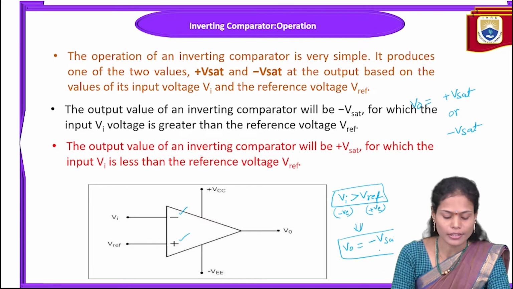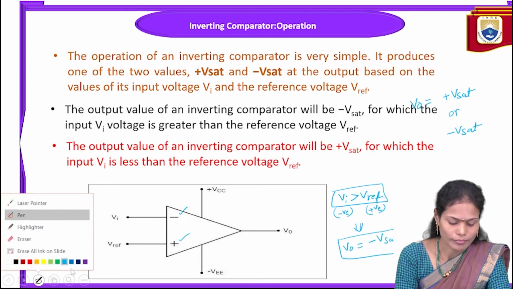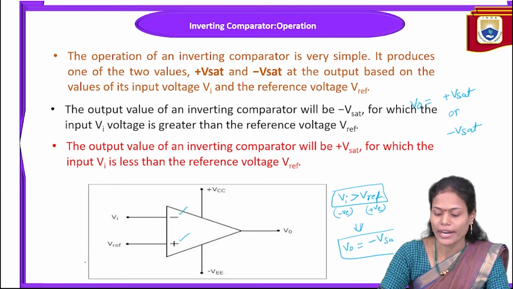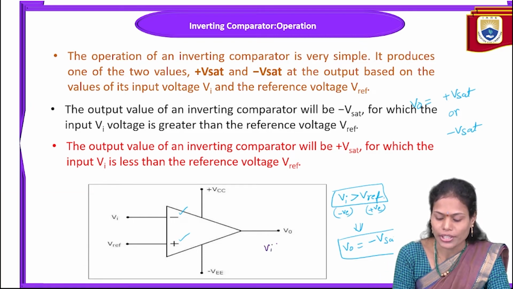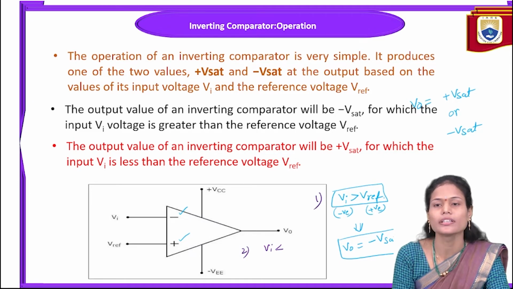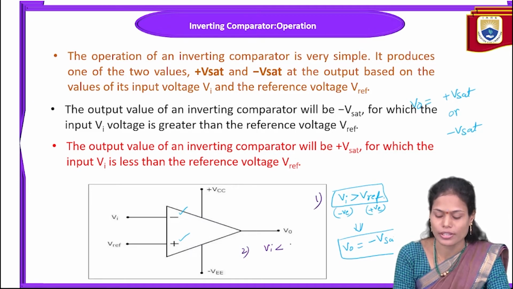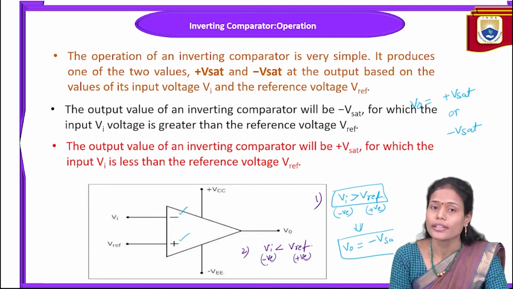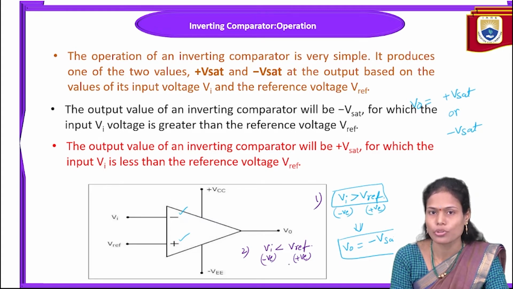And similarly, this is the first condition and this is the second condition: whenever the input voltage is less than the reference voltage. In this case also, Vi is the negative voltage and V reference is the positive voltage, but here the negative voltage is less than the positive voltage, that is, the positive voltage is more.